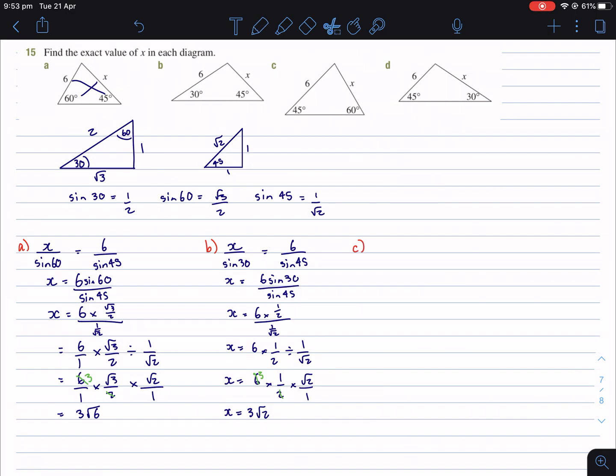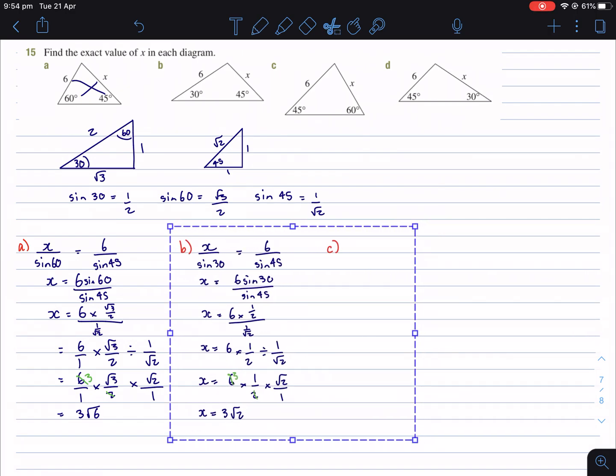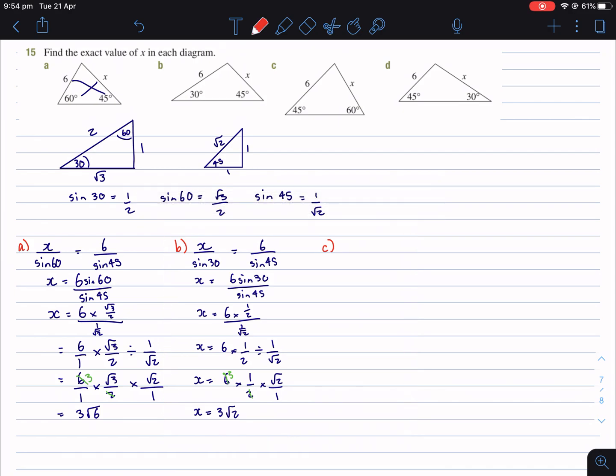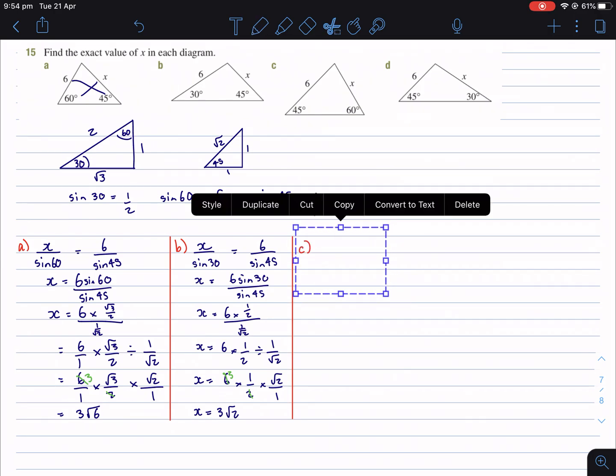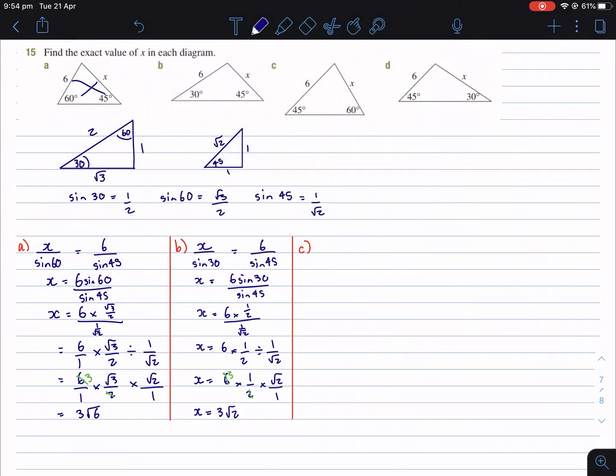Question C. I want to move these over so I can fit D in as well. Plenty of room. We're going to have so much room for D. So we've got x over sine 45 equals 6 over sine 60, which means x equals 6 sine 45 divided by sine 60.